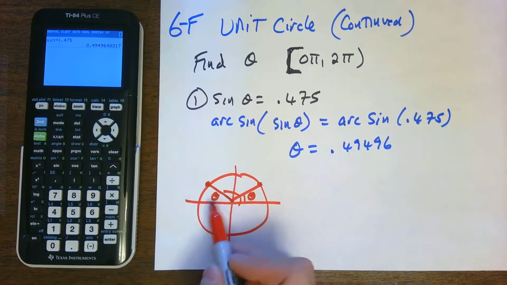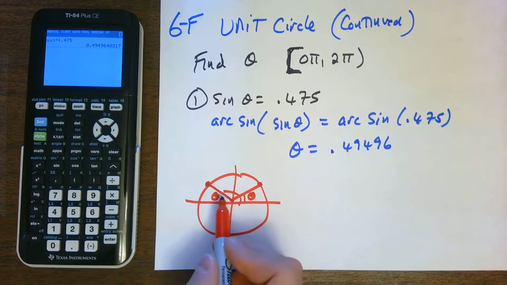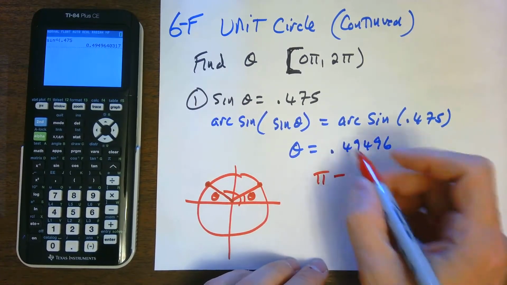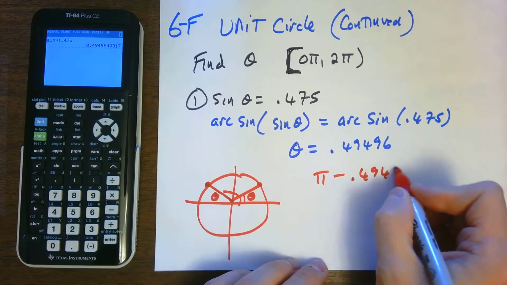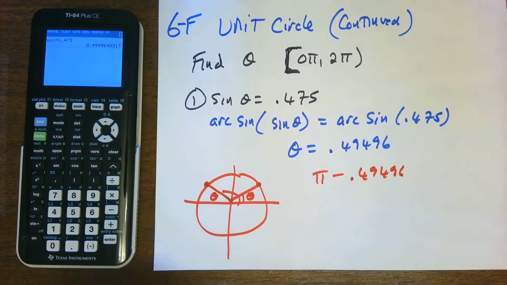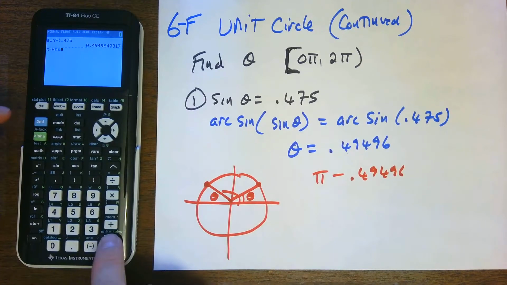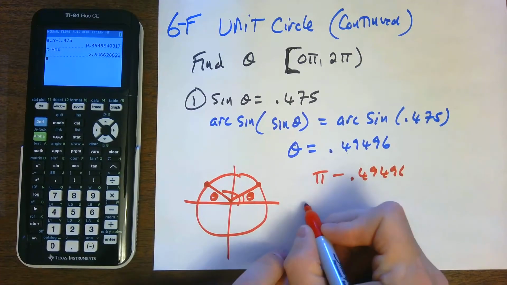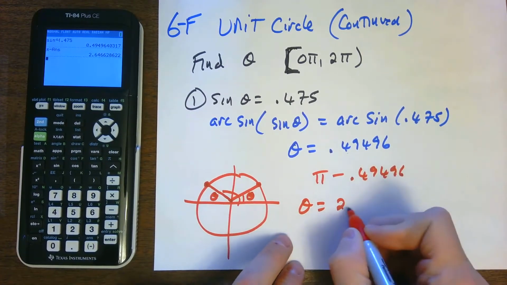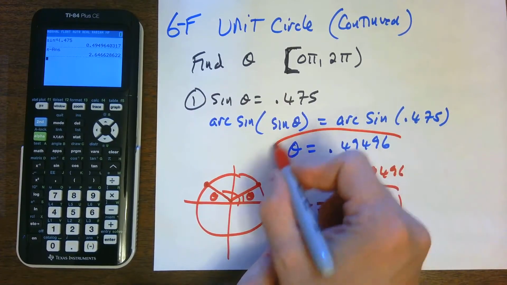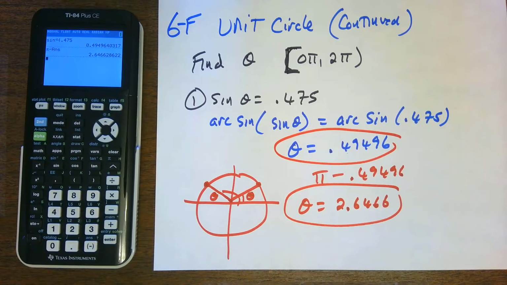How do I find that other angle? Well, it's going to be pi minus 0.49496. So I do pi minus my previous answer, and I get that theta could also equal 2.6466. I've got 2 different possible angles here.